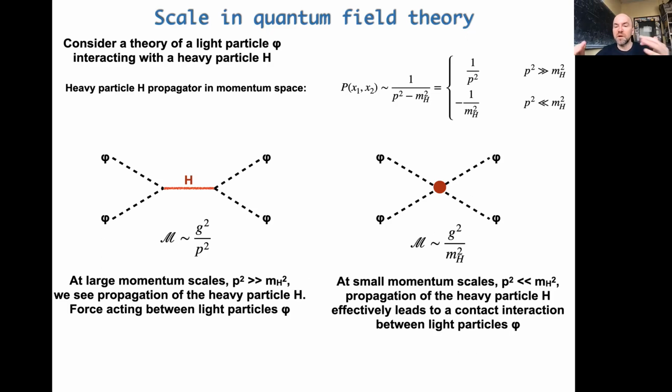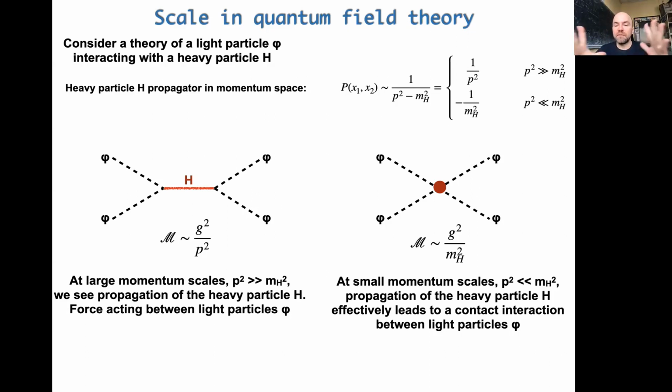The propagator looks to us like 1 over mh squared. So if we calculate the amplitude for this process in this energy regime, then what we see is this 1 over mh squared for the propagator, and this interaction becomes indistinguishable from a contact interaction between these light fields.